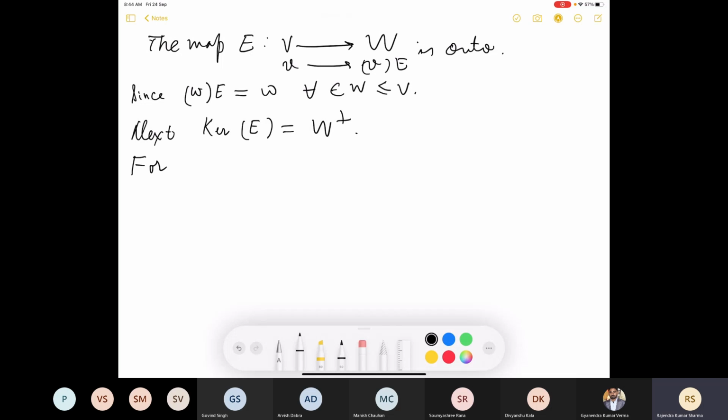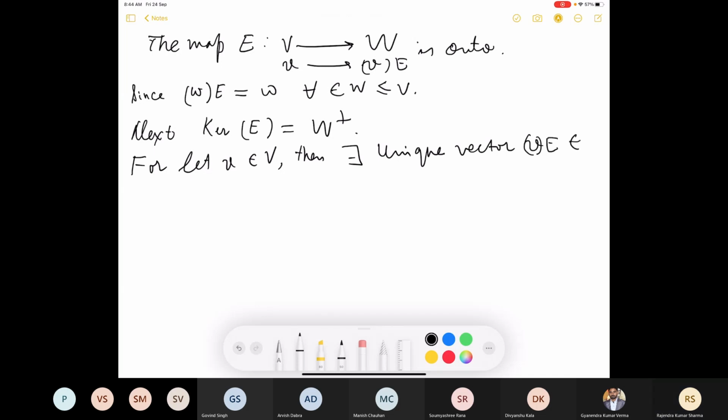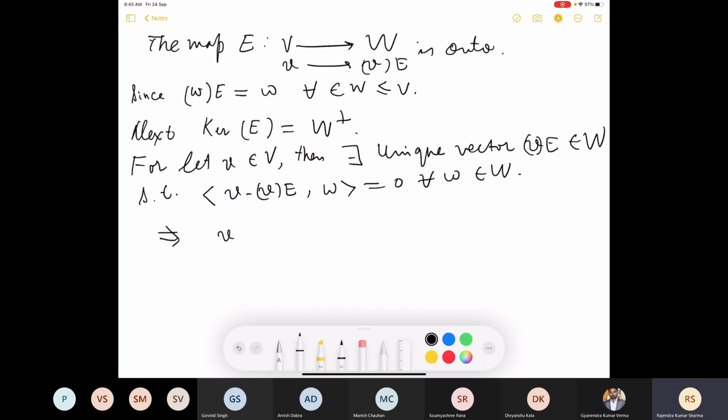So for this, what you can prove is that let V be in V, then there exists a unique vector VE, the best approximation, VE in W such that inner product of V minus VE with W is 0 for every W in W. That means that V minus VE is in the orthogonal complement.